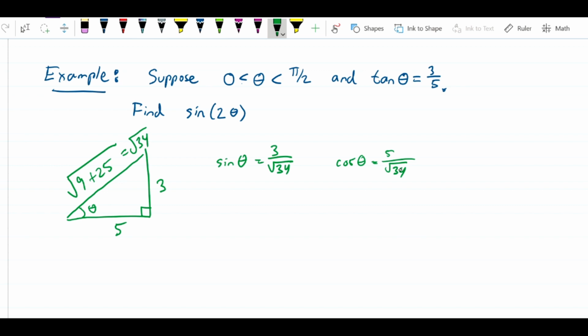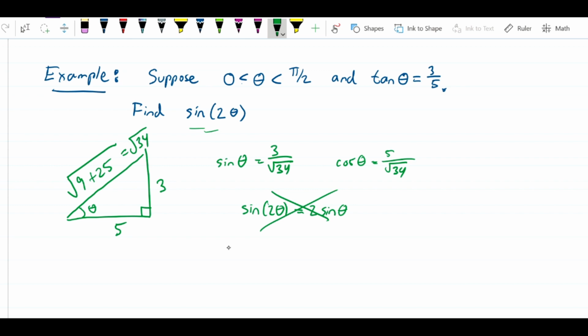Now, the question is to find the sine of 2 theta. Now, I know that some people instinctively are going to write, oh, I know how to do that. Sine of 2 theta must be equal to 2 sine of theta, right? No, that's certainly not true, because it's not the case that all functions are linear.